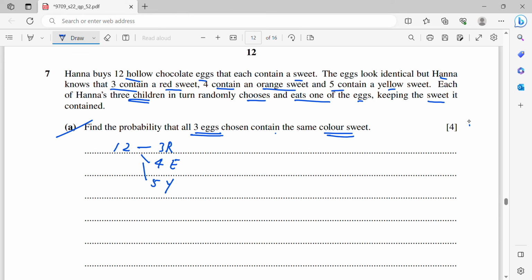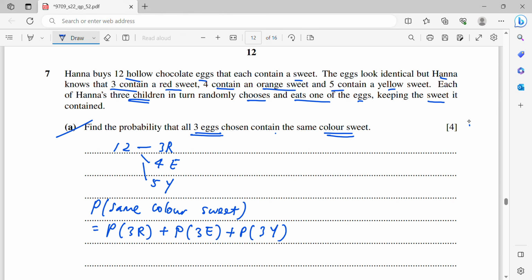Okay, so probability of same color sweets means that it could be all 3 are red, or all 3 are orange, or all 3 are yellow.